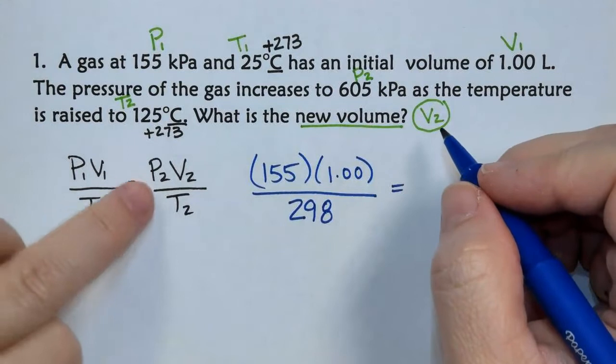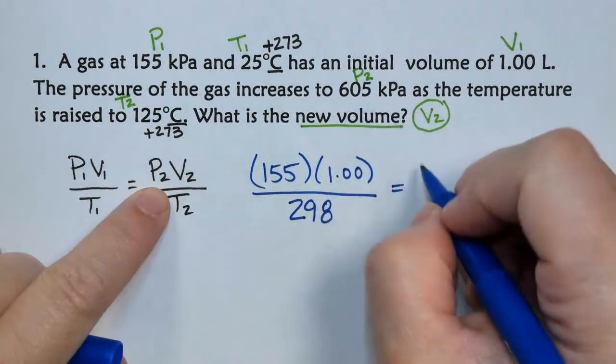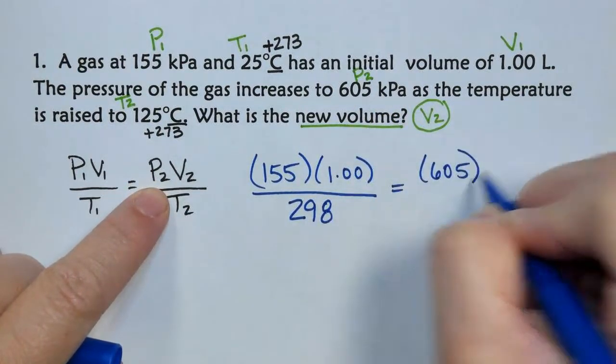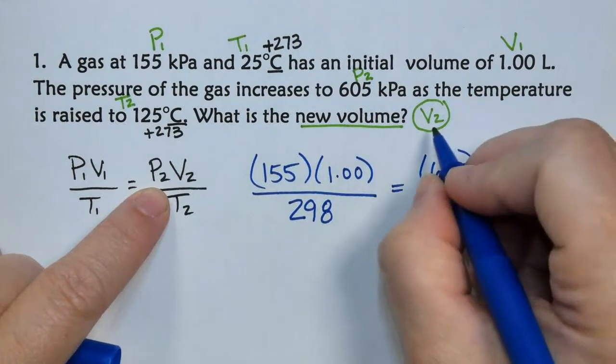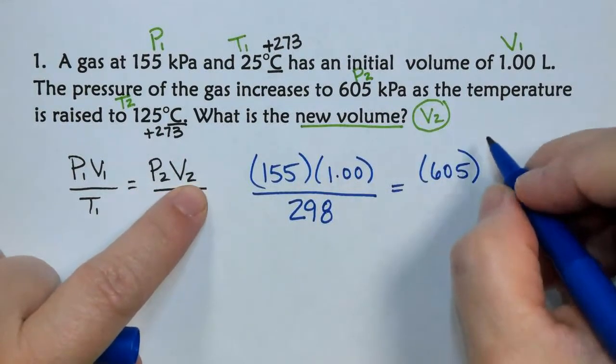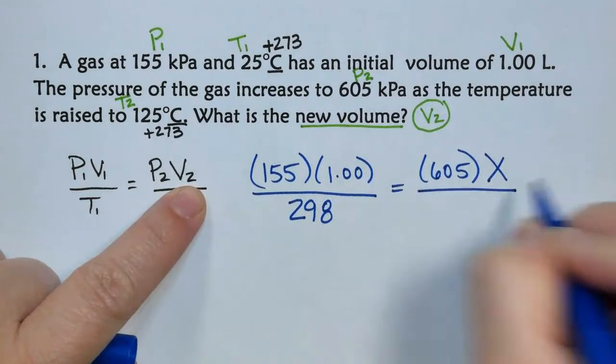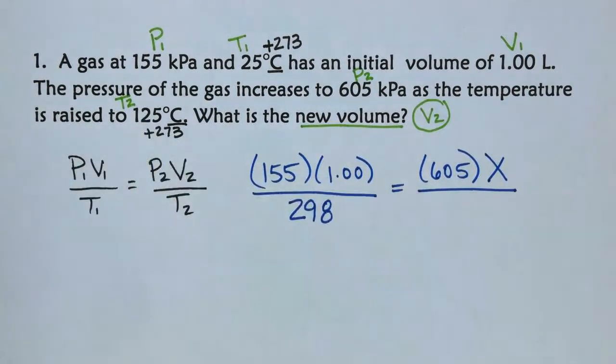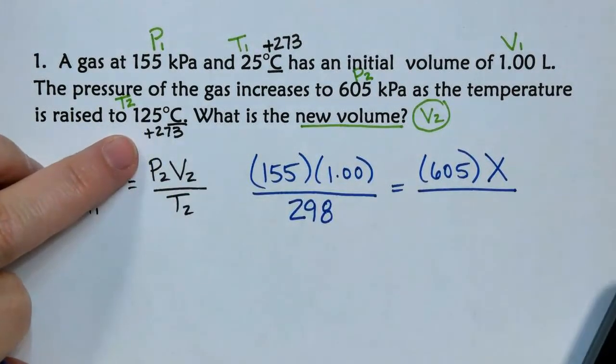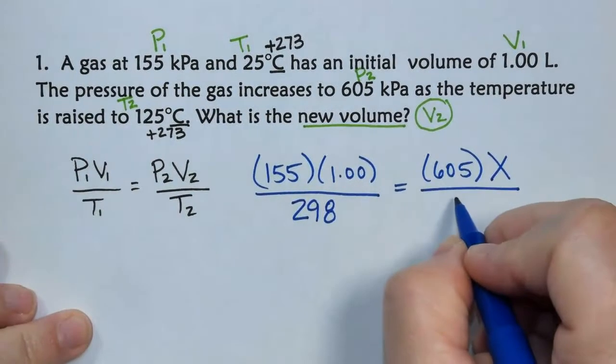Equals, now plug in P2, which is 605 kilopascals. I don't know my V2, so I'm going to call that X over, and then my T2 is going to be 125 plus 273, which gives me 398.